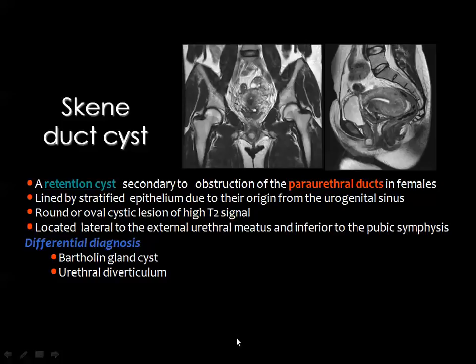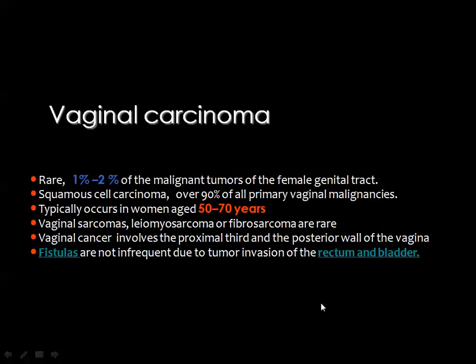Then they should be differentiated from Bartholin gland cyst, which is usually somewhat difficult, and also from urethral diverticulum. And urethral diverticulum is almost never asymptomatic, but the Skene duct cyst and Bartholin cyst are usually asymptomatic.